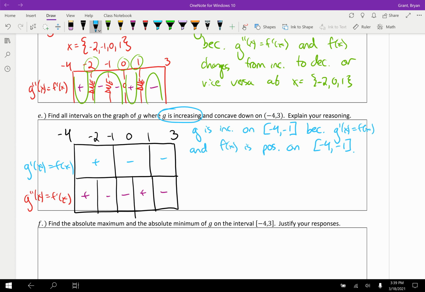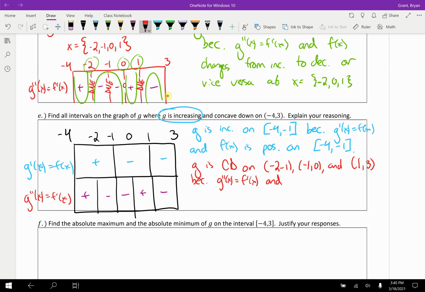The second one is our concave down. So we'd say G is concave down on open intervals usually for concavity. So concave down from -2 to -1, -1 to 0, and 1 to 3 because G double prime of X equals F prime of X. And, well, how do we know it's concave down?